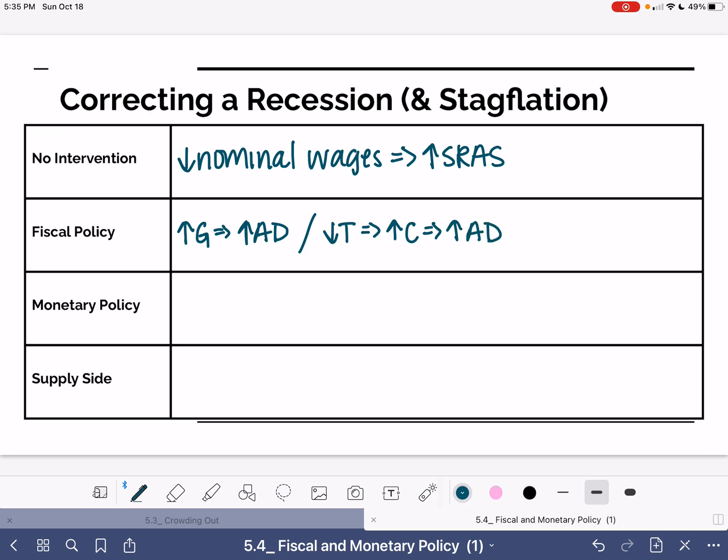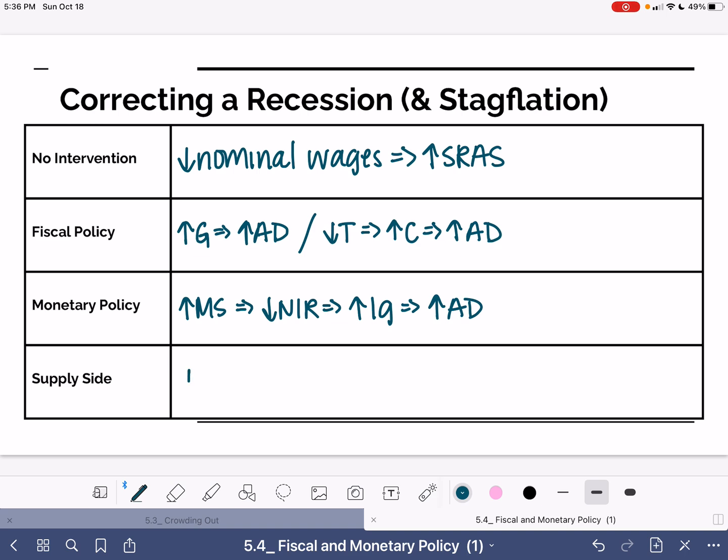Monetary policy is our change in the interest rate. So we want to increase the money supply, which will then decrease our nominal interest rate, which will increase investment spending, which will then increase aggregate demand. And then supply side economics is forcing production to close our economic gap.